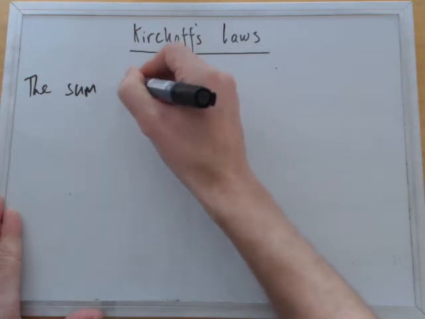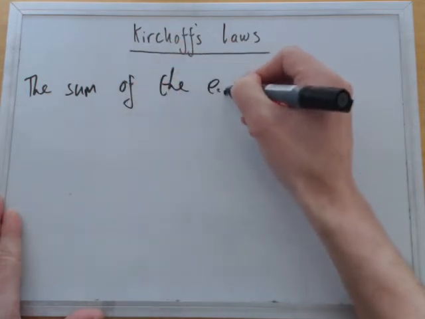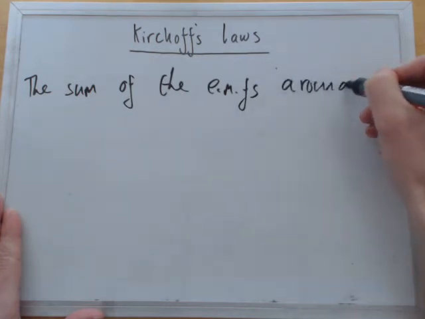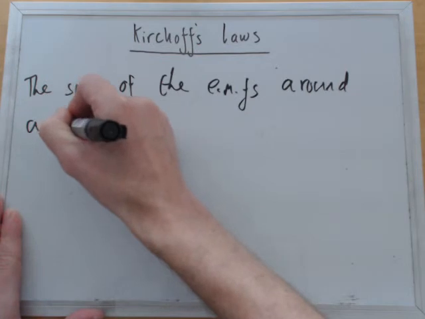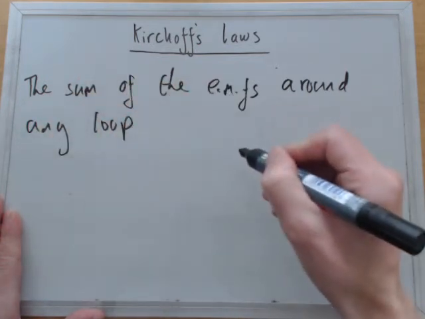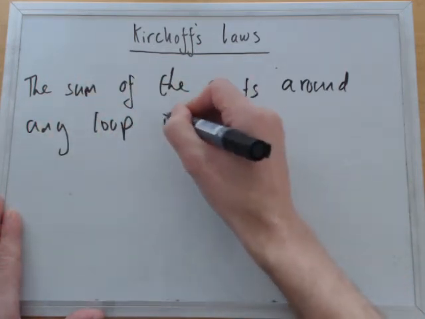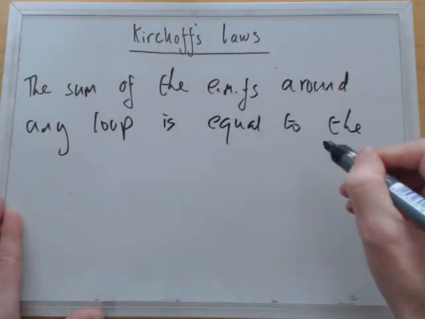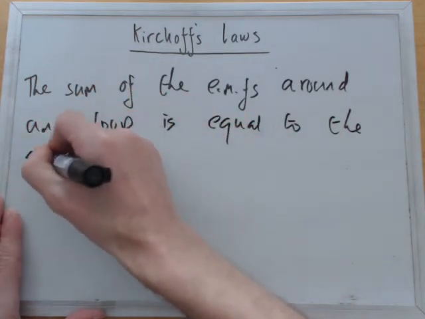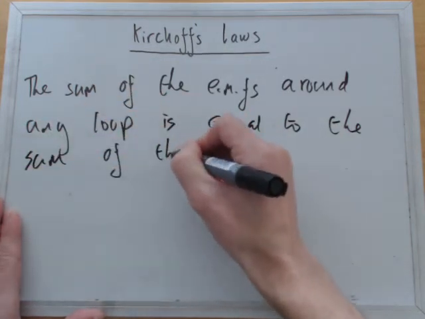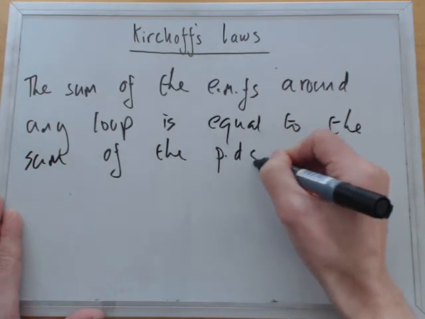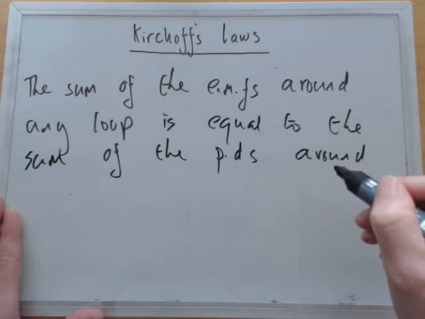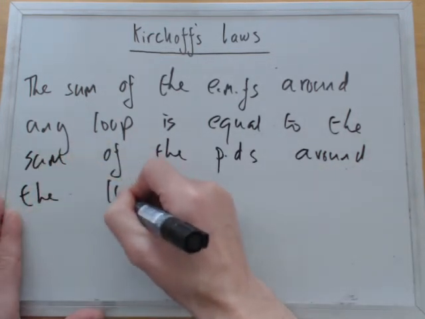The sum of the EMFs around any loop is equal to the sum of the potential differences, or potential drops, potential difference is better, around the loop.